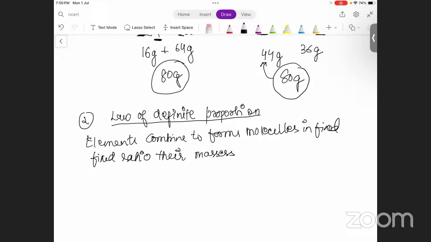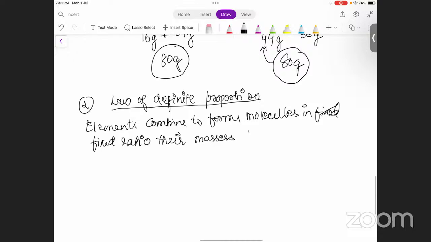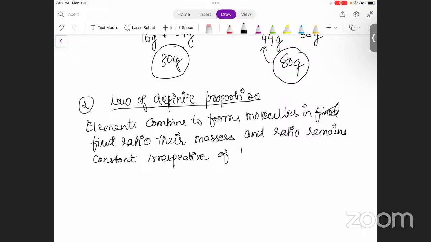So you can look for the exact words in your book, but I'm just writing the definition here for your reference. So elements combine to form molecules in a fixed ratio of their masses, and the ratio remains constant irrespective of their source.